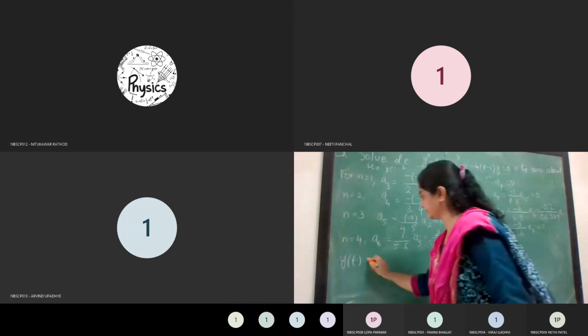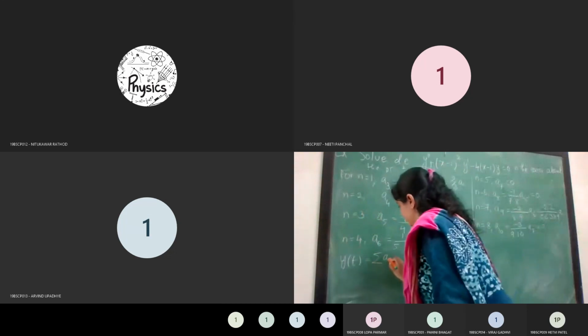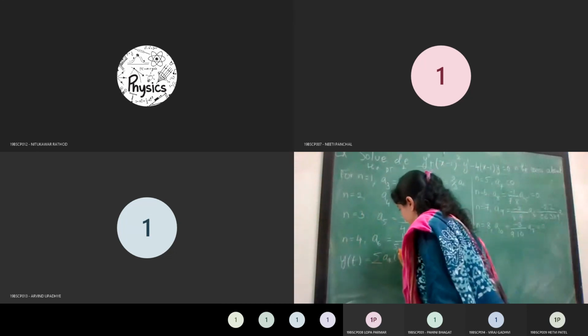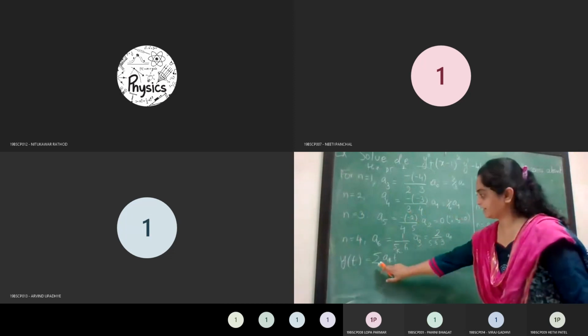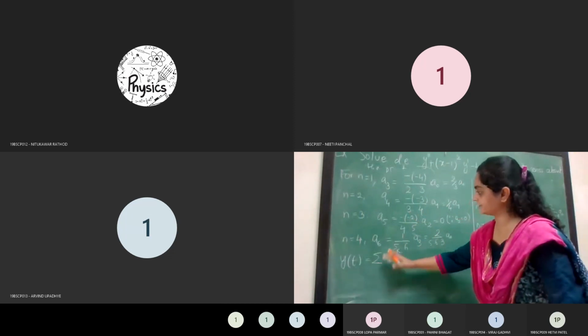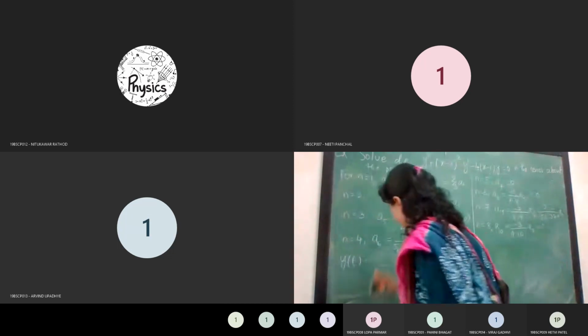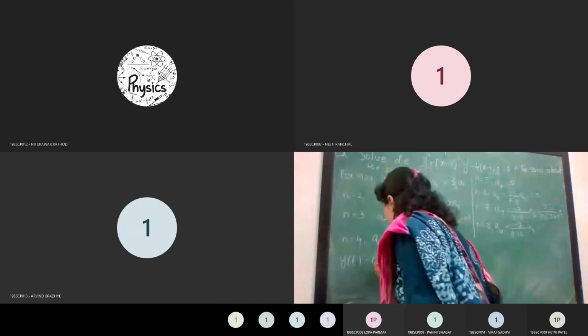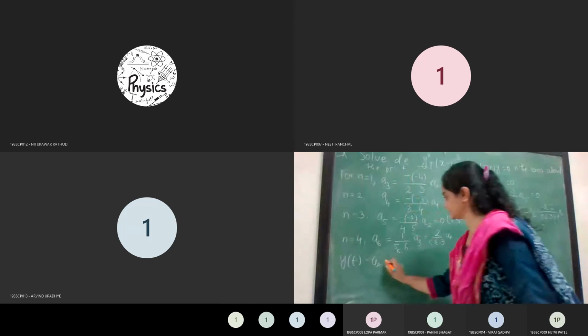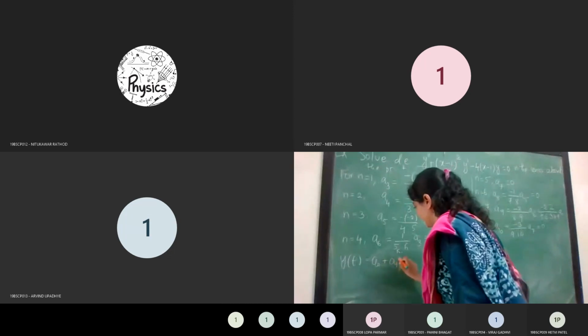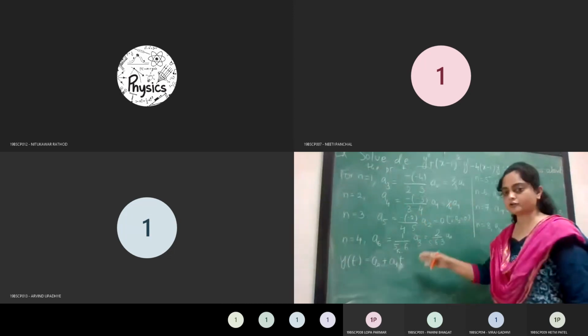what will it be? Solution means which thing am I talking about? It is the sum of AK T raised to K, right? I am talking about this one. So let us substitute all these AK values. So it is A0 first of all. A0 will remain as it is, plus A1 T also remains as it is because all others go.